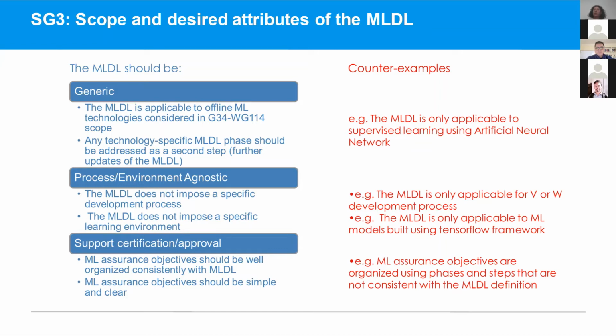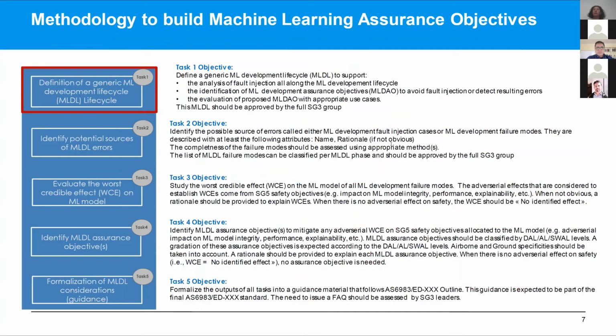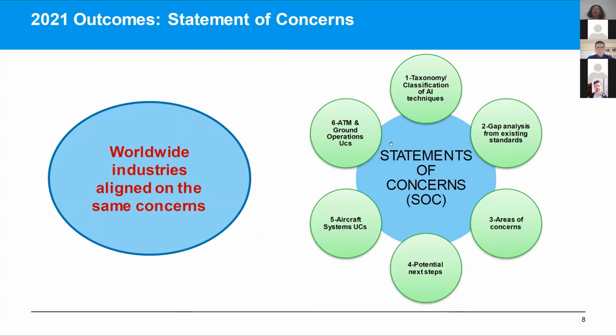Next slide, please. That I will skip because it's very long, but you will find a lot of details in the paper. And this is actually what are the outcomes of the standard will give.